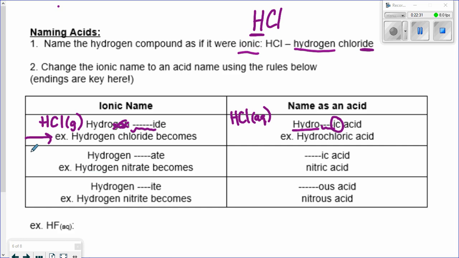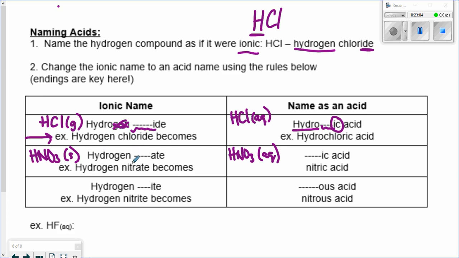So the next one is hydrogen nitrate. Nitrate is NO3 with a 1 minus. If we had, I don't know what state this is, we'll say it's solid, hydrogen nitrate, we would name that hydrogen nitrate. But now if we have HNO3 aqueous, the way that we would name that is we ditch this whole hydrogen part.